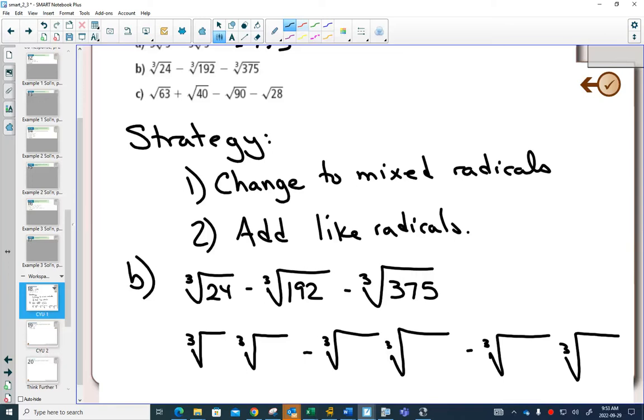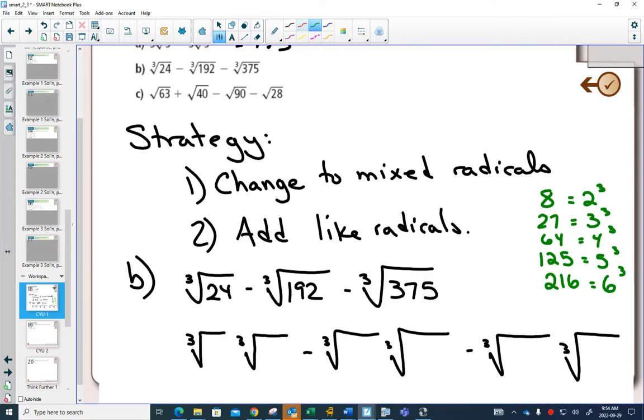I'm going to write out the first 5 cubes.